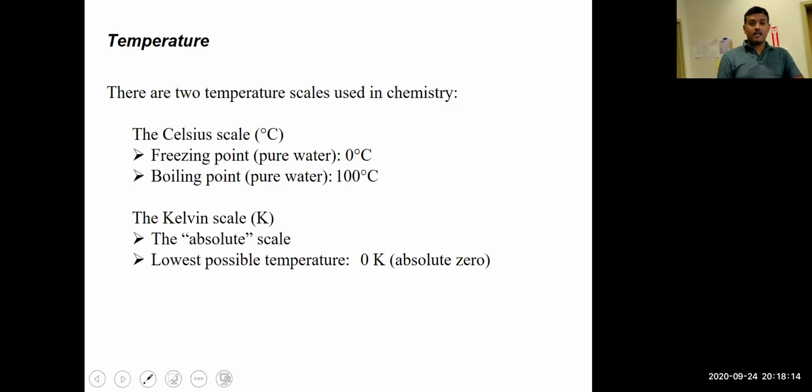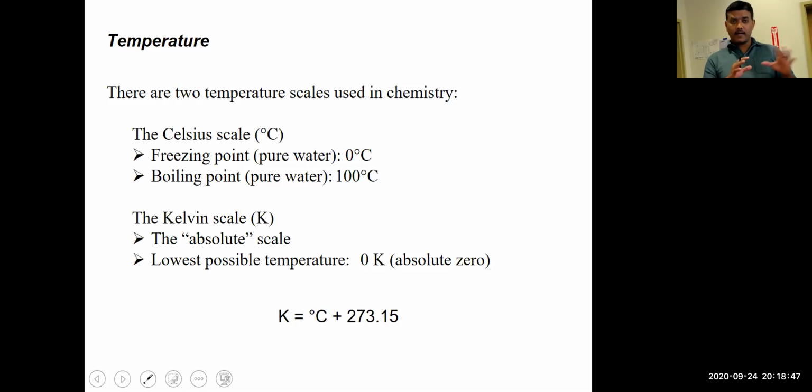Kelvin has a scale starting from 0 Kelvin, which we call absolute temperature, because beyond that you cannot reach any lower temperature. There's a conversion between Celsius and Kelvin: Kelvin temperature is equal to the Celsius temperature plus 273.